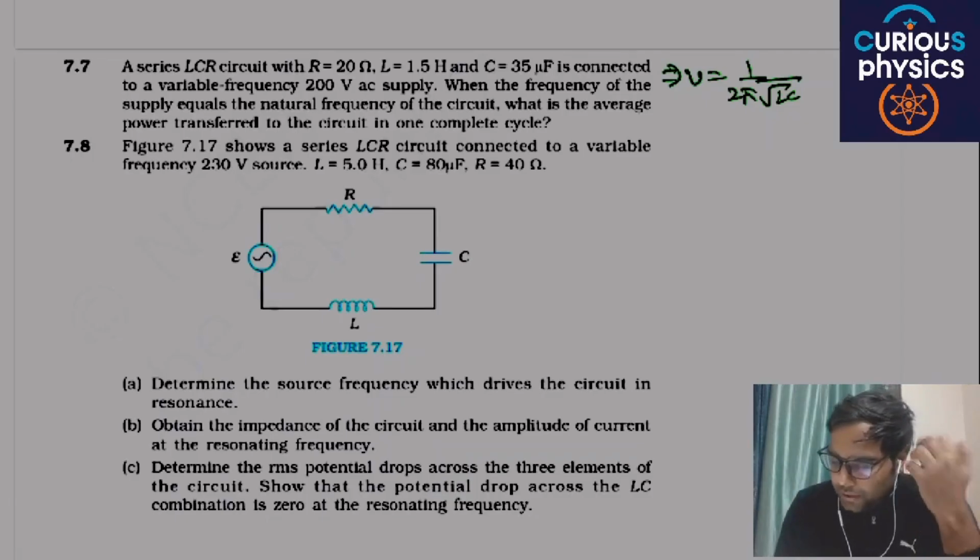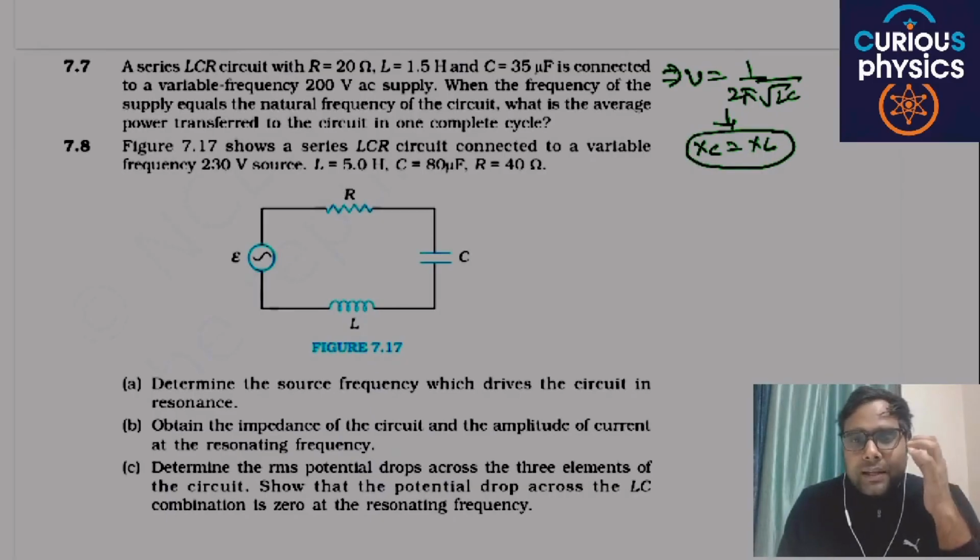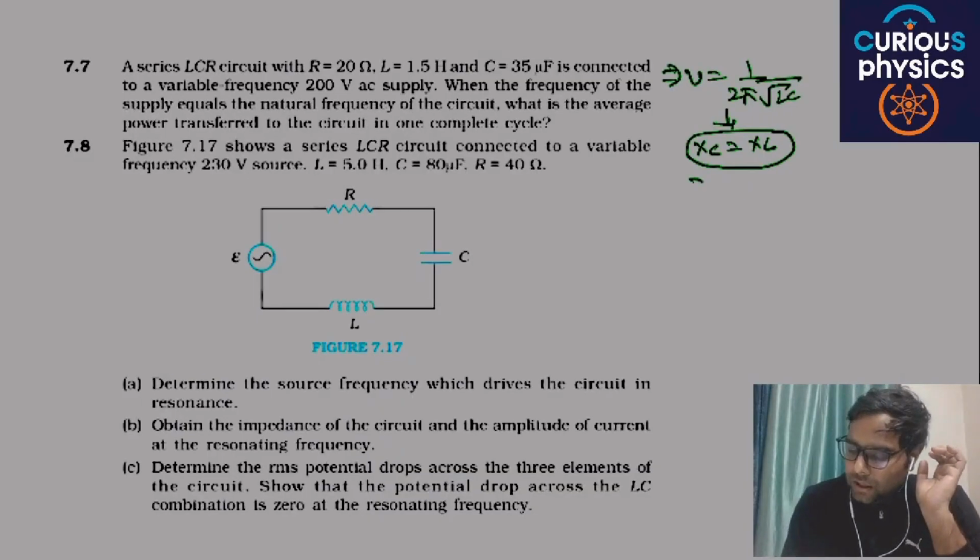In case of resonance, XC is equal to XL, which means the net impedance is equal to the value of resistance. So impedance will come out to be R, and here R is nothing but 20 ohm.